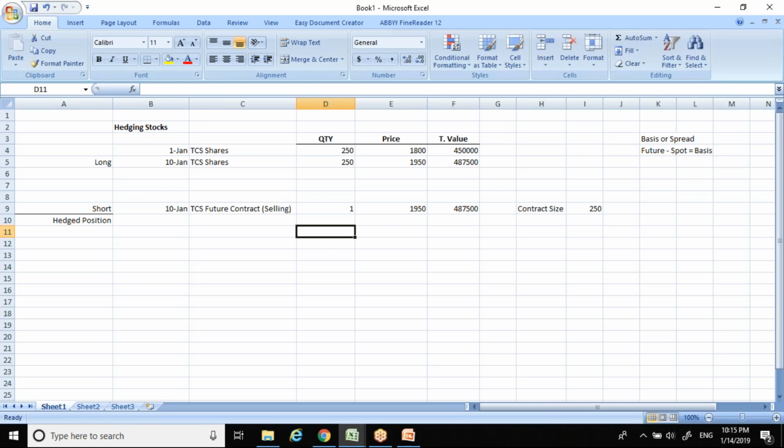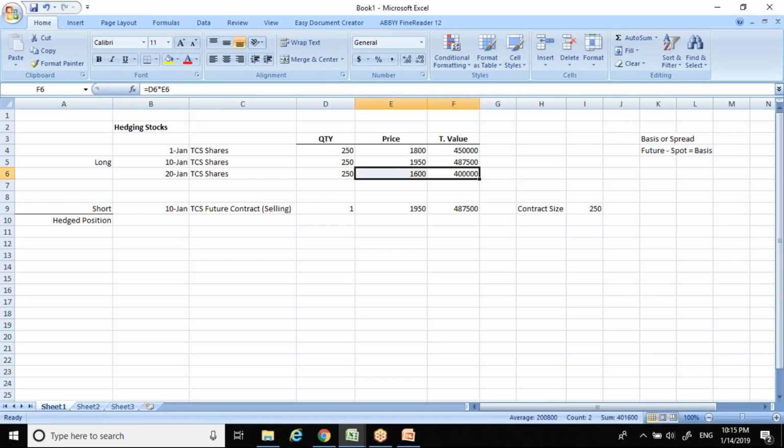How? Let's see. On 20th of January, let's suppose the price actually reduced as expected to 1600. There's not so much volatility anytime, but it goes down. Now, in this situation, what will be your profit or loss?